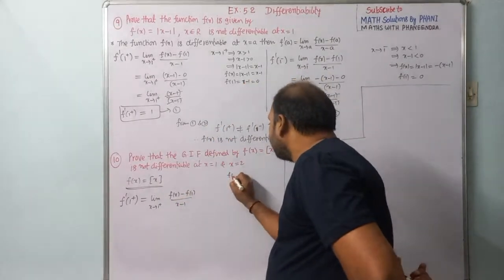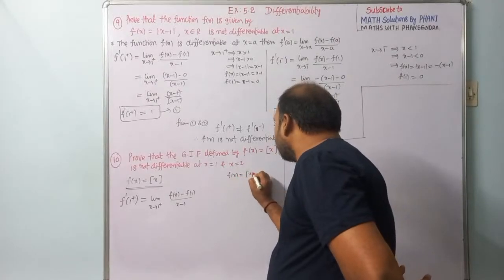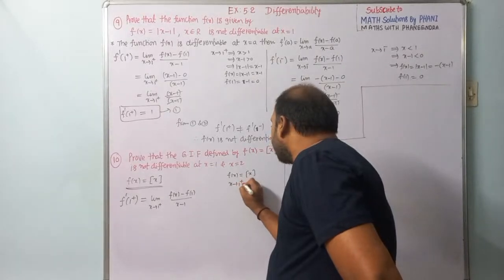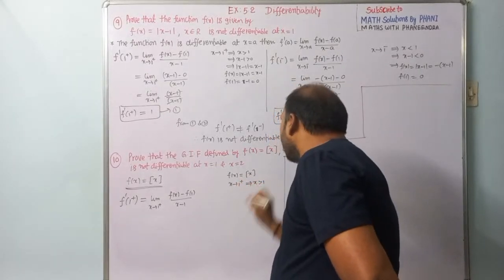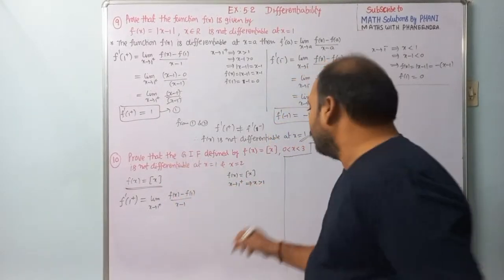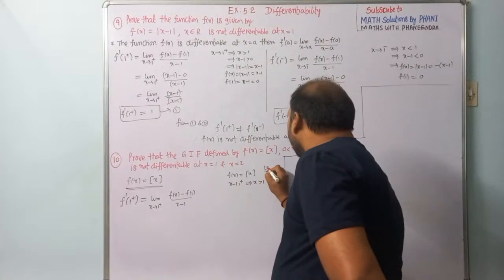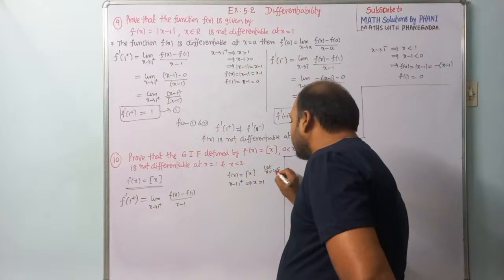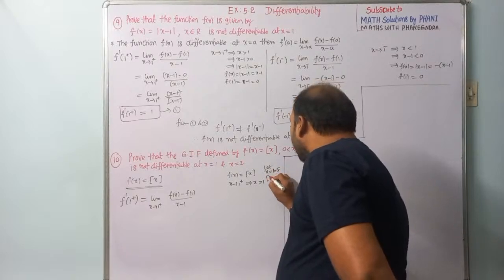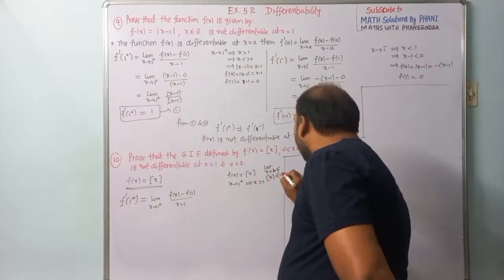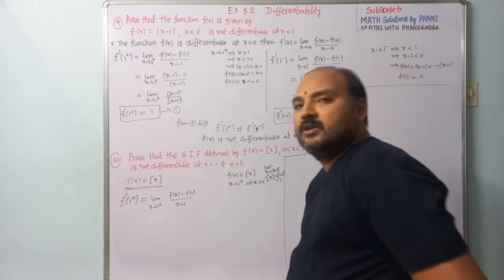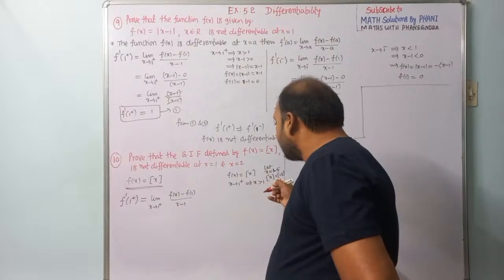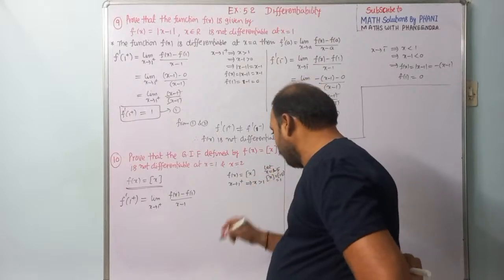Now, f of x is equal to step x. x tends to 1 plus, that means x is greater than 1, or less than 2. So, any value, let x is equal to 1 point something, you could take 1.5. So step of x is equal to step of 1.5, it is considered as 1. Okay, dear students. So x is greater than 1 means step x value is going to be 1.